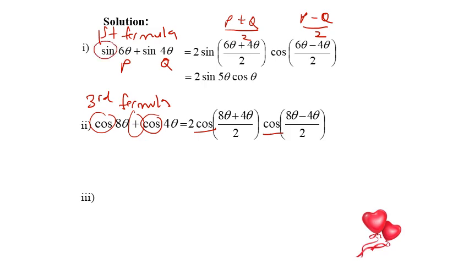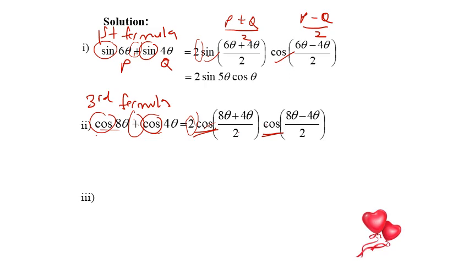For sin plus sin, we have sin and cos. For cos plus cos, we have on the right hand side, both are cos. But the sign is the same. If the sum is plus, so we got here P plus Q over 2, here also P minus Q over 2, and we also have 2 above here. So the difference is this one sin cos, for cos plus cos is this cos cos.